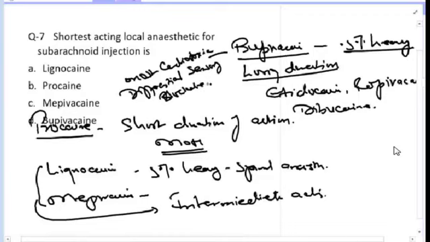It occurs with bupivacaine. That is, at a lower concentration it only causes sensory block, but at a higher concentration it causes both sensory as well as motor block. So that occurs only with bupivacaine. So the answer to question number 7 is B, procaine. It is the shortest acting local anesthetic for spinal anesthesia.